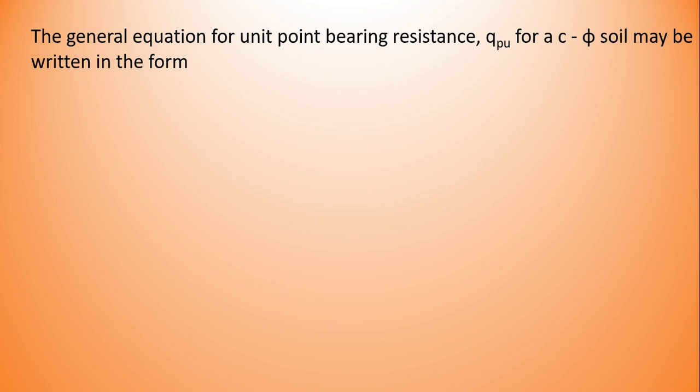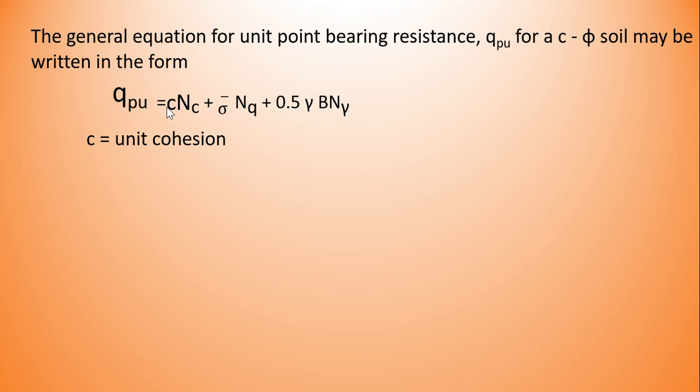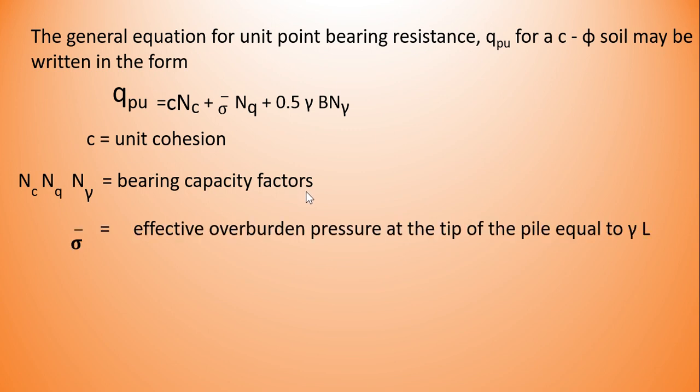The general equation for unit point bearing resistance, QPU, for a c-phi soil may be written in the form: QPU is equal to c Nc plus sigma bar Nq plus 0.5 gamma B N gamma, where c is the unit cohesion and Nc, Nq, N gamma are the bearing capacity factors.